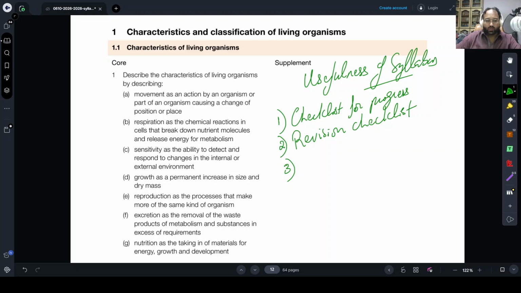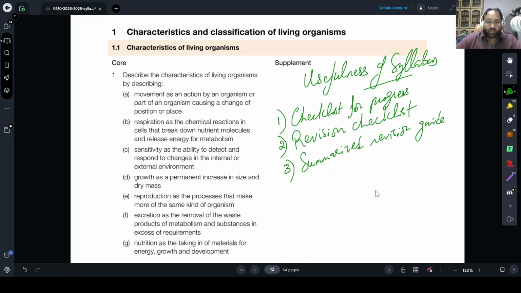We can use it as a quick, summarized revision guide. So you can use it for quick revision as well.